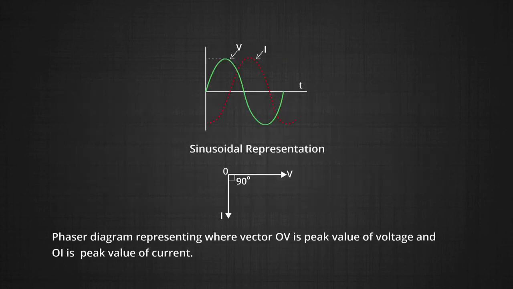This figure below shows the current lagging behind the EMF by 90 degrees. We are using this phasor diagram to show the sine waveform. We have two components here, voltage and current, and we have drawn it along this x axis. I have taken the phase angle, and along this y axis I have both components I and V. Suppose I change the phase angle and shift this I value, so it looks like this.